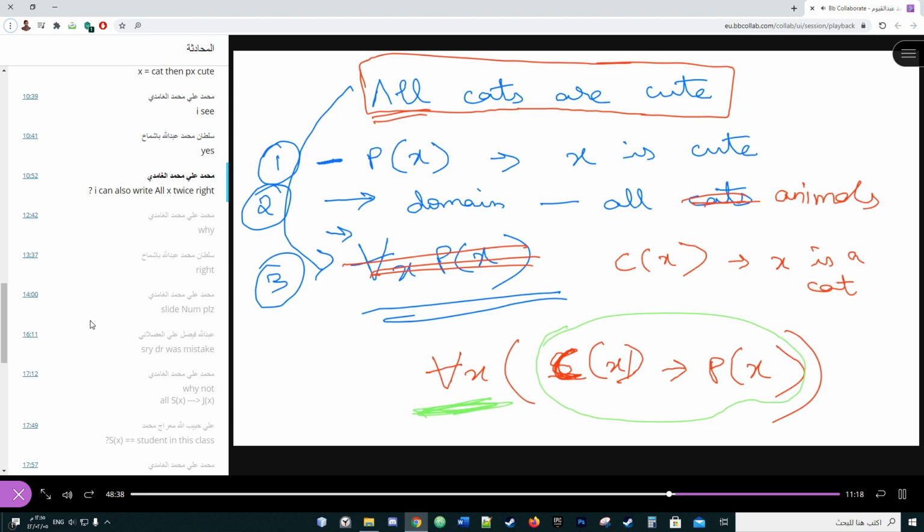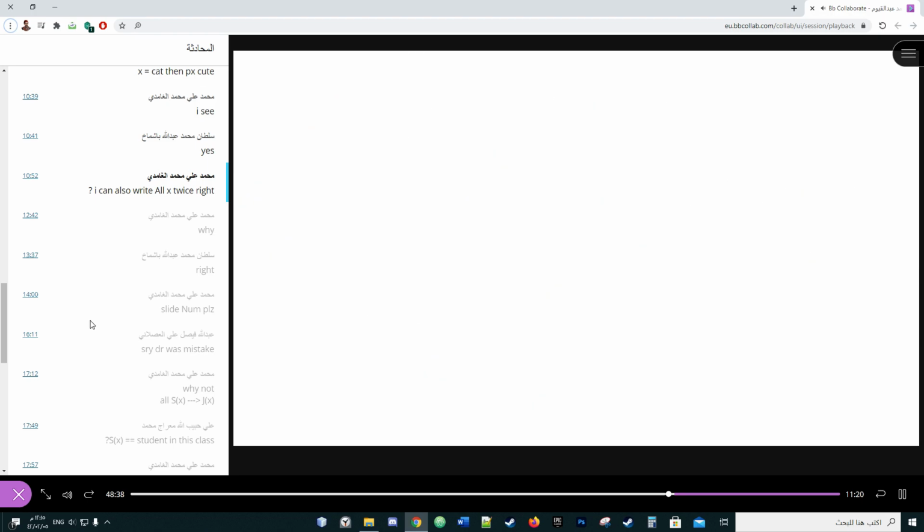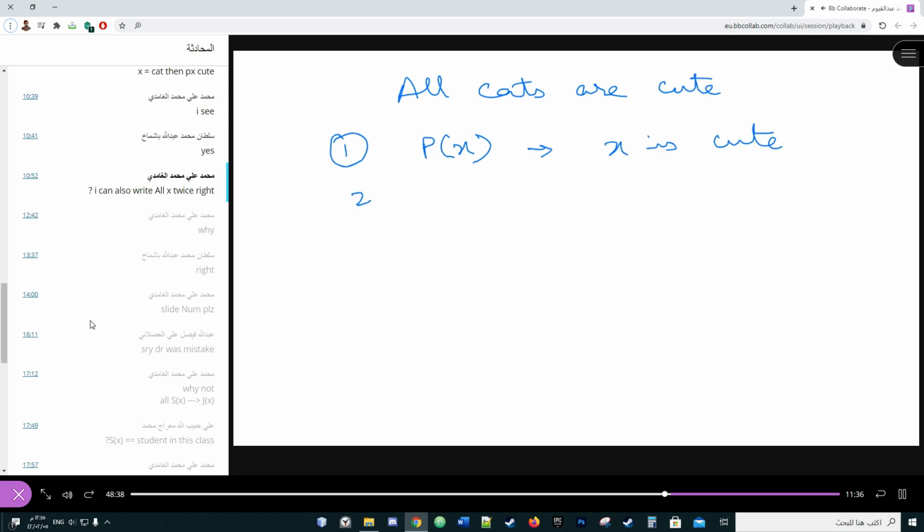So I'll just write it again. All cats are cute. The first thing I need to define is P(x) means x is cute, and then I have another function C(x) which says that x is a cat, and the domain of x is all animals.